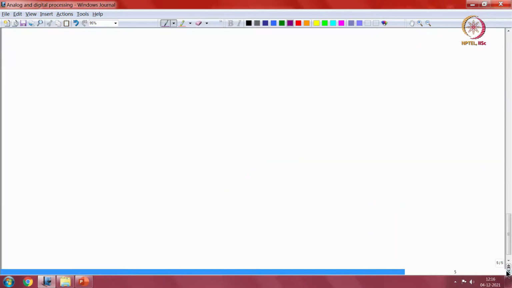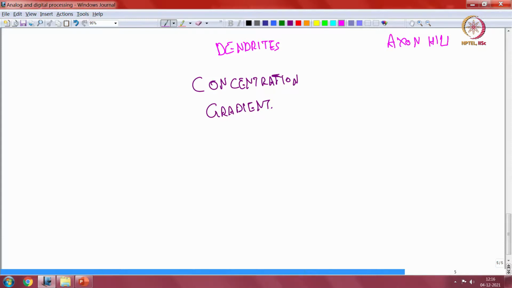What is the concentration gradient in the dendrites at the axon hillock that produces the action potential, which, as we have discussed extensively, is all or none, which basically is binary.